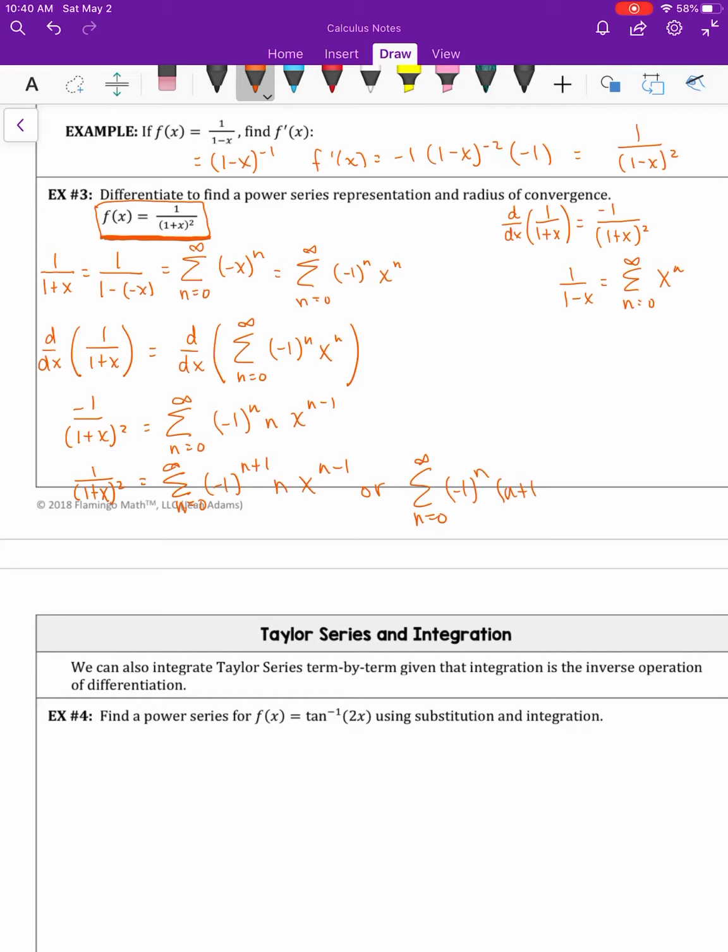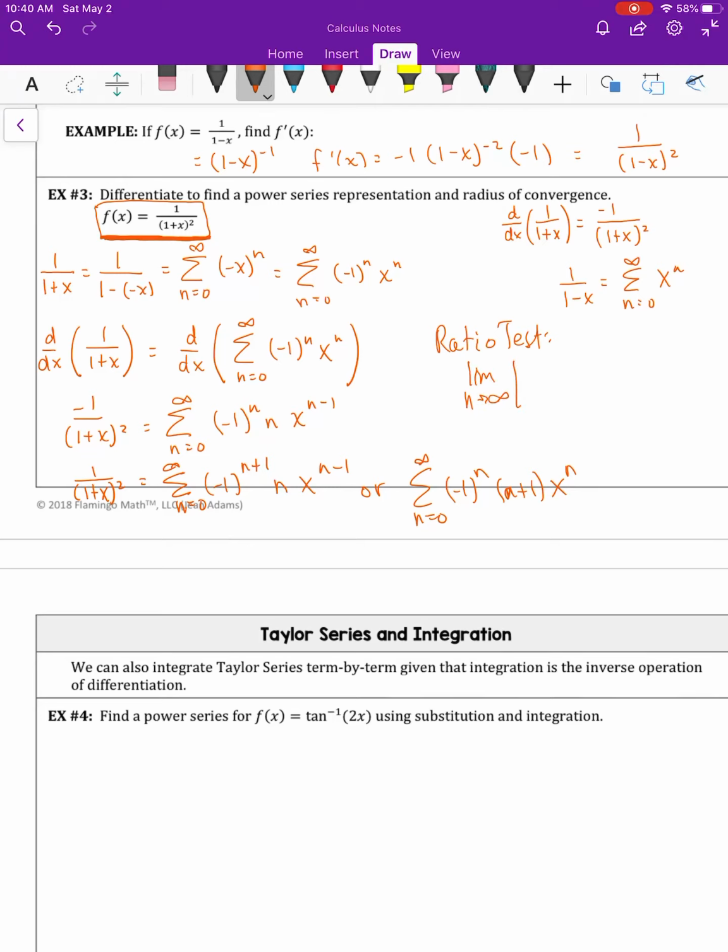And you could also write this, and I know that some of you can see it pretty easily. It's not easy to explain, but you can multiply it out and show that this is also equivalent to negative 1 to the n times n plus 1 times x to the n, okay? Getting rid of your n minus 1 and your n plus 1 on those exponents, okay? So both of these, it doesn't matter which one, okay?